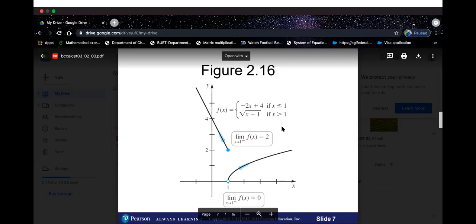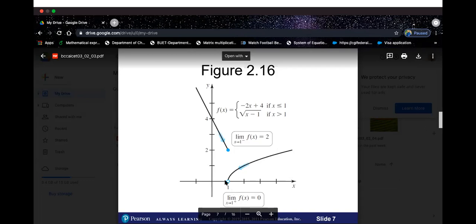What happens if we approach from the right? Let's see that. We're approaching towards this 1 from this side of the x-axis, and our graph is slowly and slowly going towards this. So it's approaching 0. Yeah, it's approaching 0. And why?